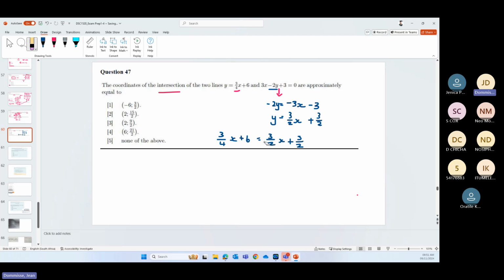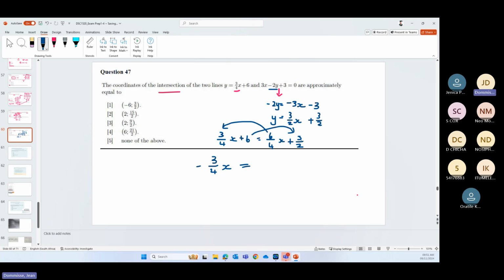To get to a 4, we multiply by 2, but we need to do the same at the top. So 3 over 2 is exactly the same as 6 over 4. Okay, so then let's take that to that side. So 3 minus 6, 3 over 4x, but negative. Let's take that to that side. So 3 over 2 minus 6.